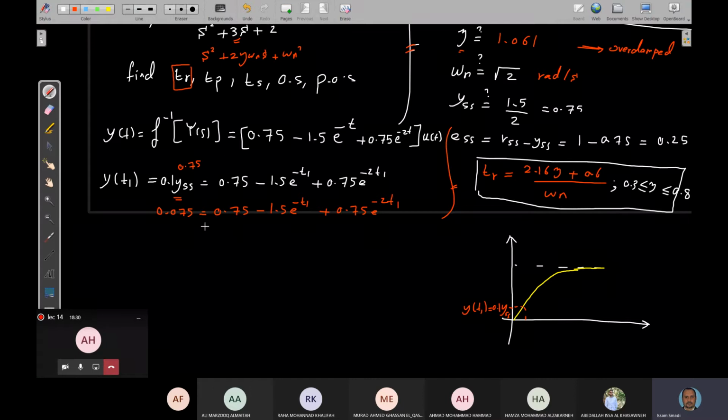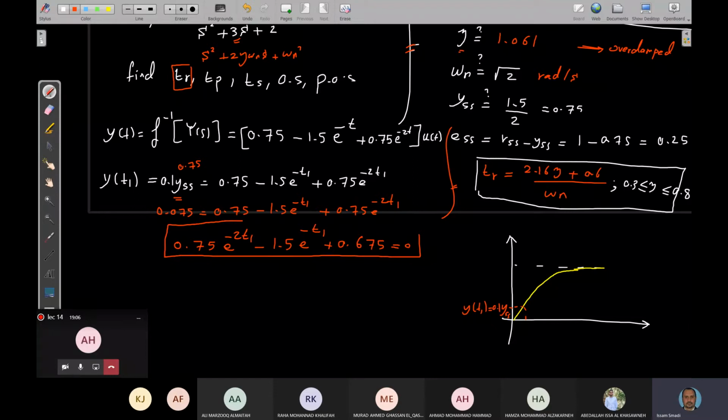Now, if I evaluate, this will equal 0.75 exponential of minus 2t1 minus 1.5 exponential of minus t1. Then I'm having the plus 0.675 equal to 0, and this is the first equation from which I can find t1.